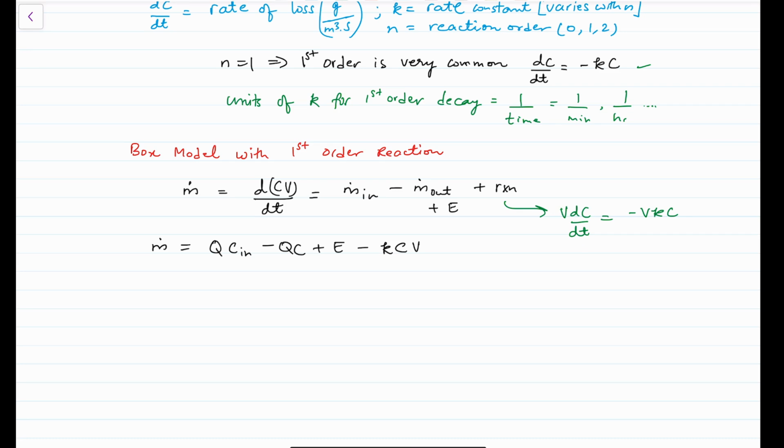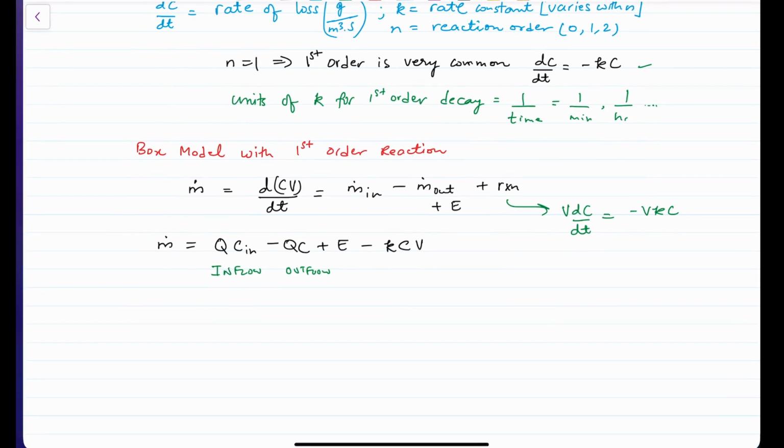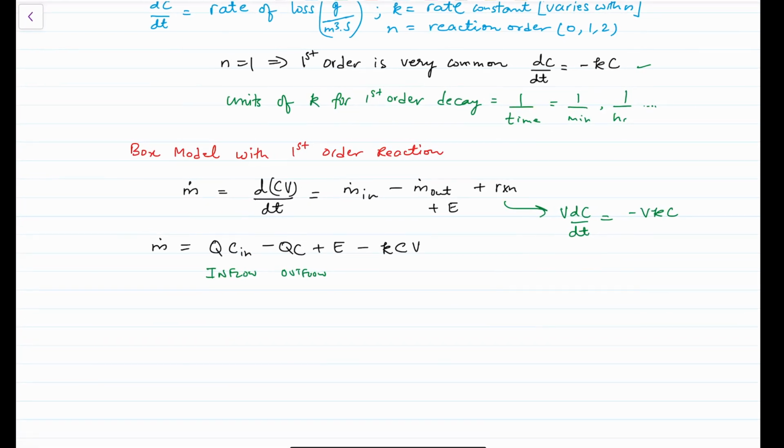So this is inflow, this is outflow, this is emissions, and this is reaction. And this is mass accumulation.